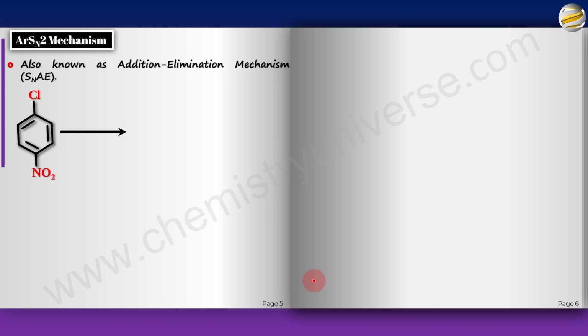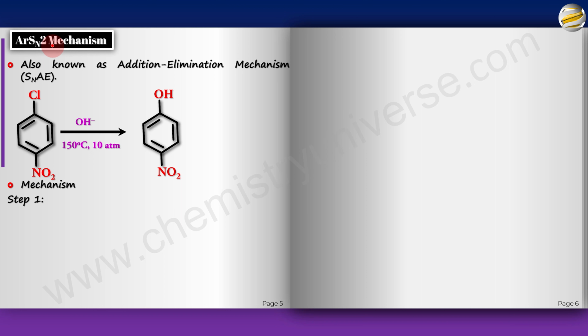I use a strong nucleophile like OH-, vigorous conditions, 150 degrees Celsius and 10 atmosphere, and the Cl gets replaced by OH, nucleophilic substitution. And let's see how this happens. Mechanism of ArSN2. And as you can see, when I say ArSN2, I'm talking about aromatic substitution, nucleophilic, bimolecular.